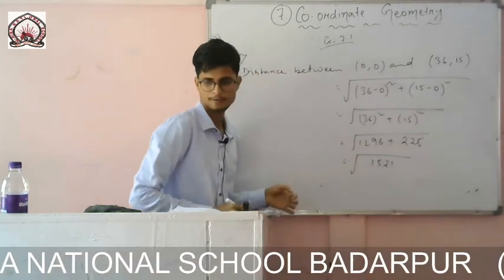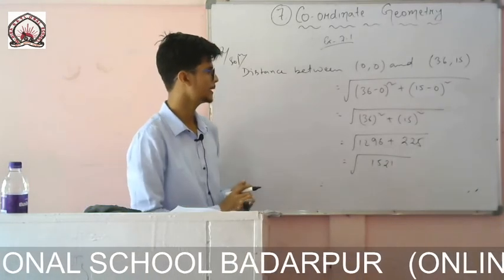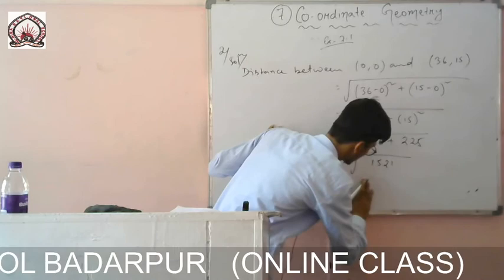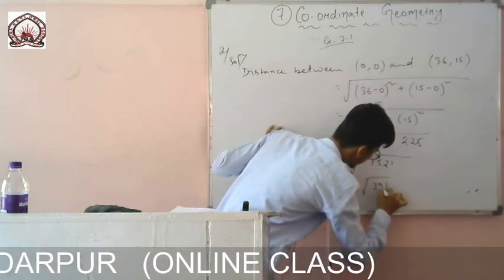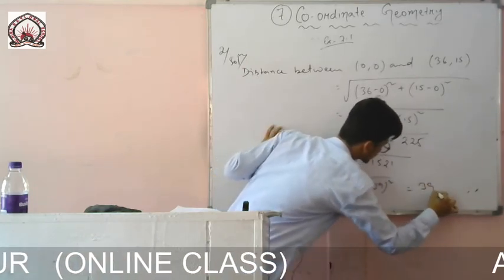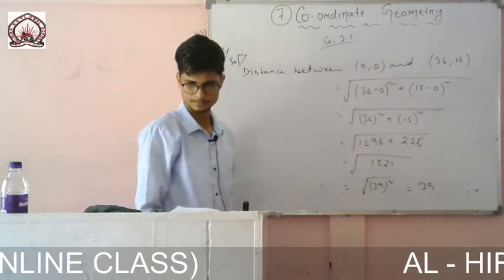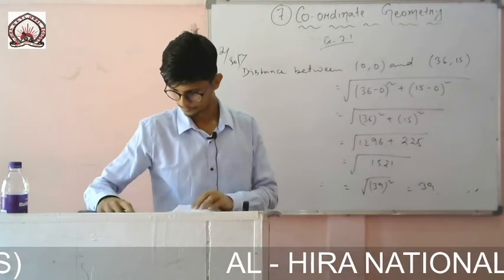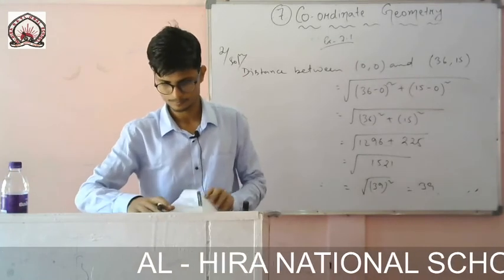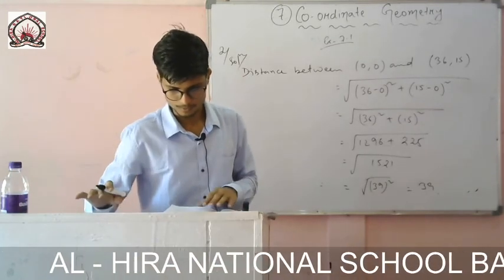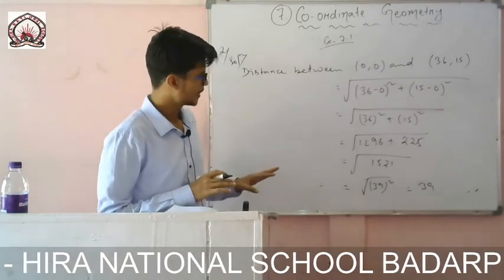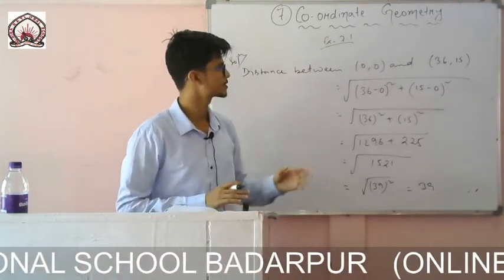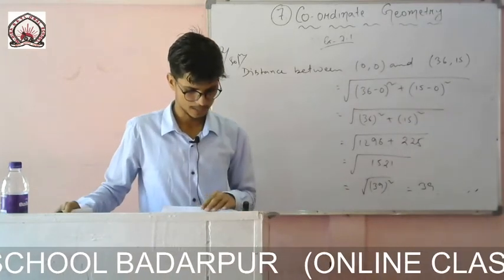So it is 1521, which is 39 square, so I can write it as 39. So this is the distance between these 2 points. It is 39 units.